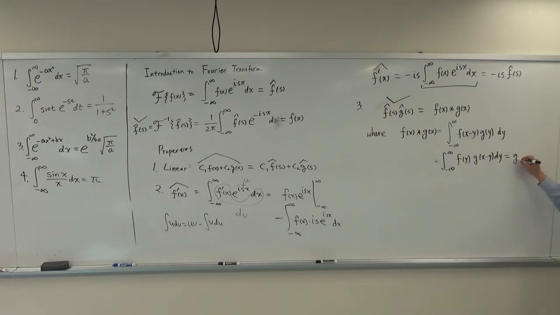So this is the same thing as g of x convolved with f of x. This convolution is an operator that's commutative. It also satisfies the distributive property, and there's also the delta function, which is like the identity for these kinds of functions. There are some other properties, but we're not going to go that deep.